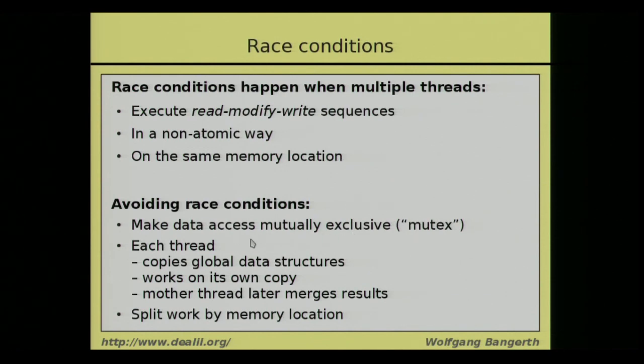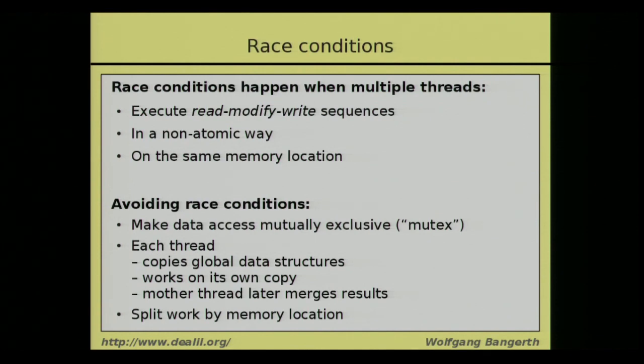Alternatives to this would be that each thread copies the global data structure and works on its own copy. For example, each one of these threads might add to its own copy of the global matrix, and then the mother thread later adds up the individual copies of this global matrix. And the final possibility would be that you split work by memory location.